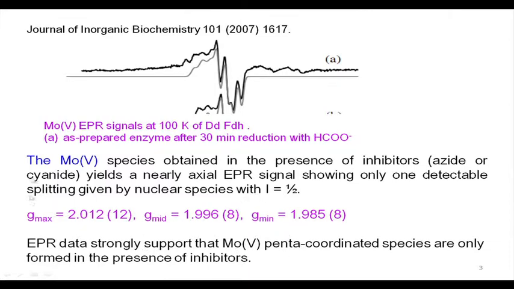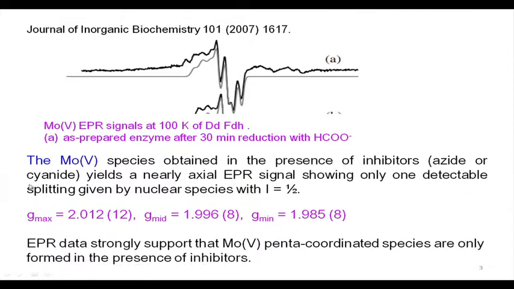So, this particular signal basically can support something where the EPR data is given to us for not only the center, because it is EPR active. So, activity for EPR spectra immediately tells us that the center is molybdenum 5, which is pentacoordinated. It can be a regular square pyramidal in geometry or it can be a little bit distorted one, and it can be formed only in the presence of inhibitors.